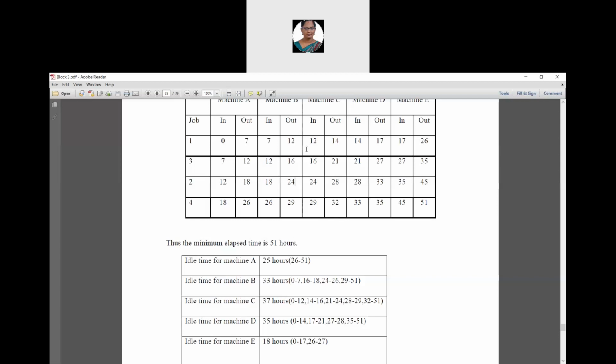Then idle time for machine D. It is calculated by the first in value 14 plus the difference between 21 and 17 plus the difference between 28 and 27 plus the difference between total elapsed time and the final out value 35.